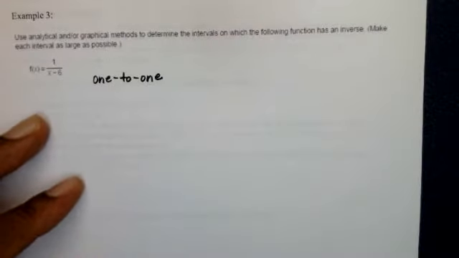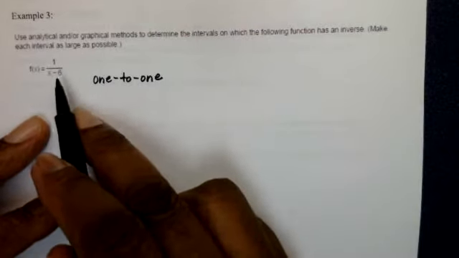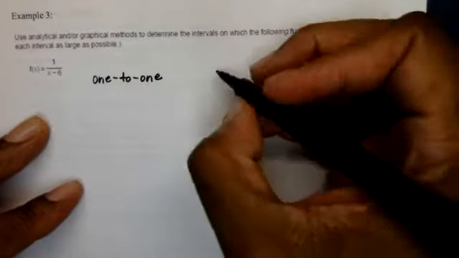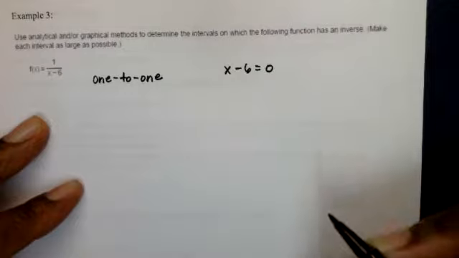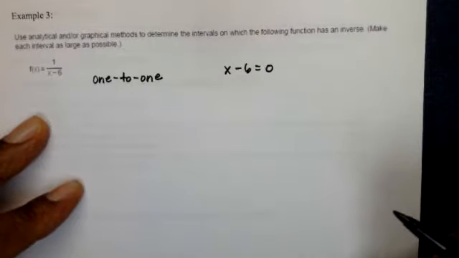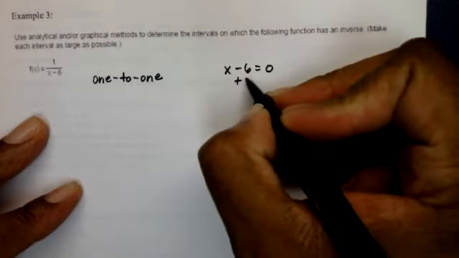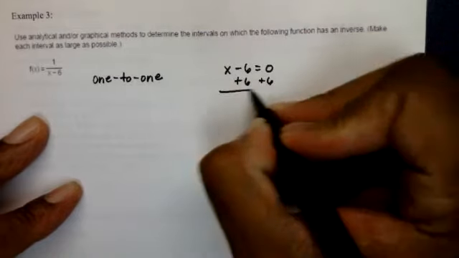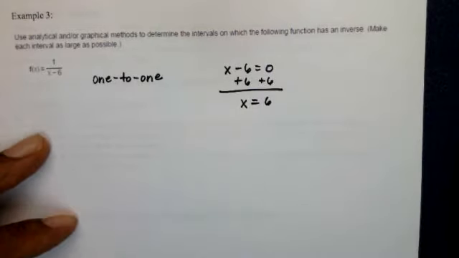Now we need the interval for this. Well, it's a rational function, so we need to find out what values of x would give us a 0 in the denominator. So I'm going to set x minus 6 equal to 0 and solve for x. So that means x will have to be equal to 6.